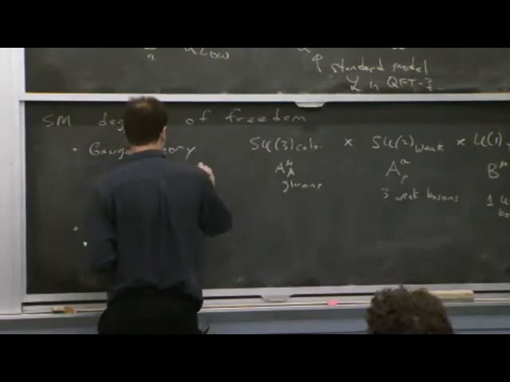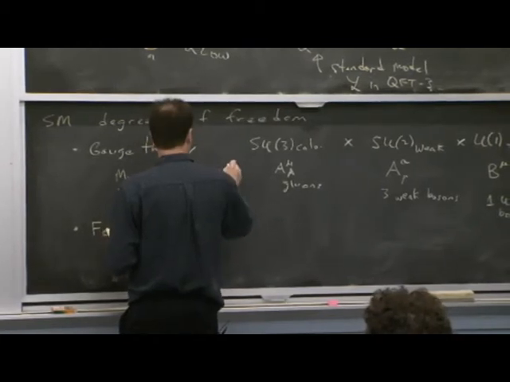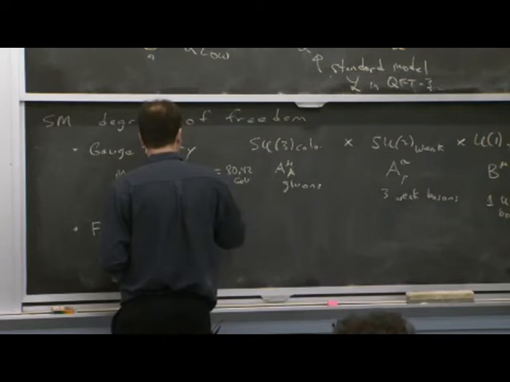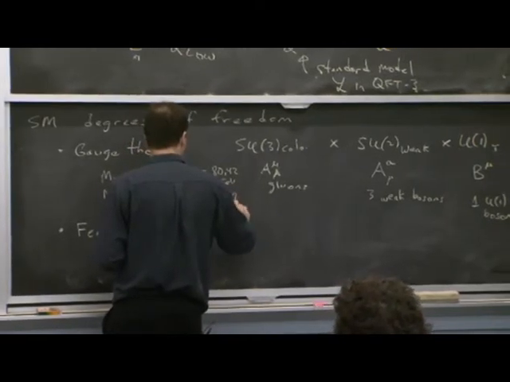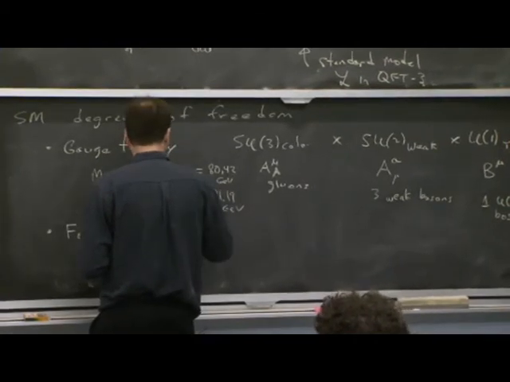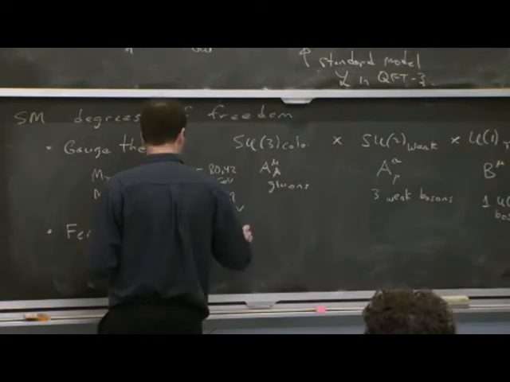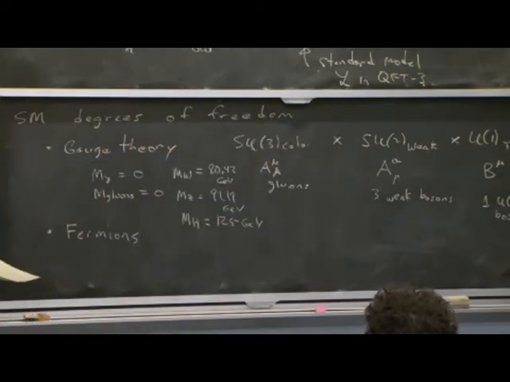And then there's the mass of the W, 80.42 GeV. The mass of the Z, 91.19. And for the first time in me teaching this course, we also know what the mass of the Higgs is. So that's not part of the gauge theory, but I'll just list it there as well, since it doesn't fit in with the fermions.